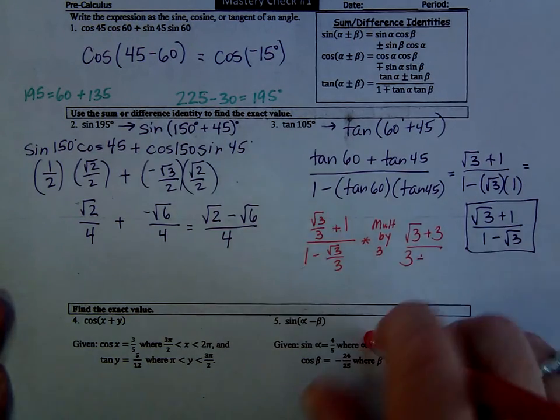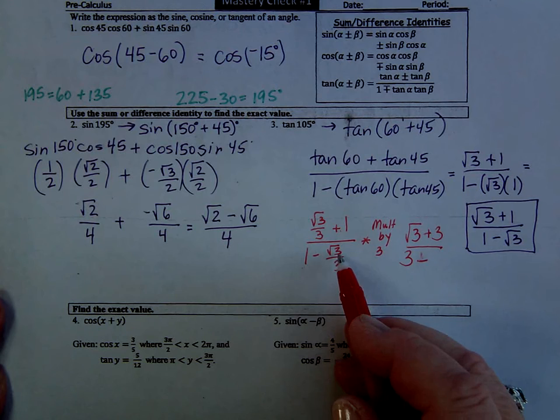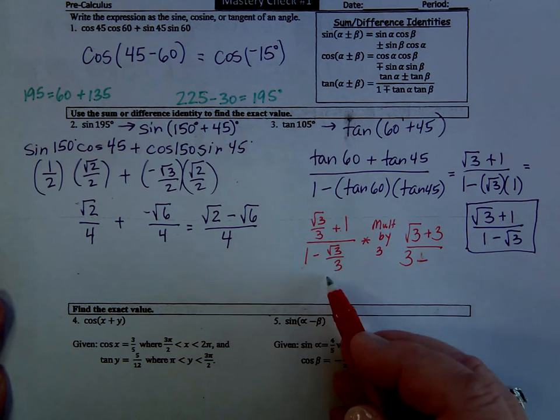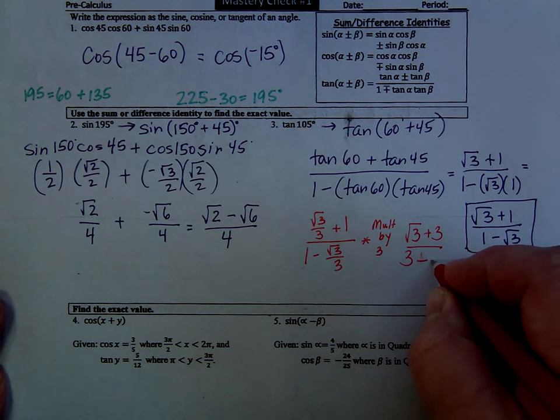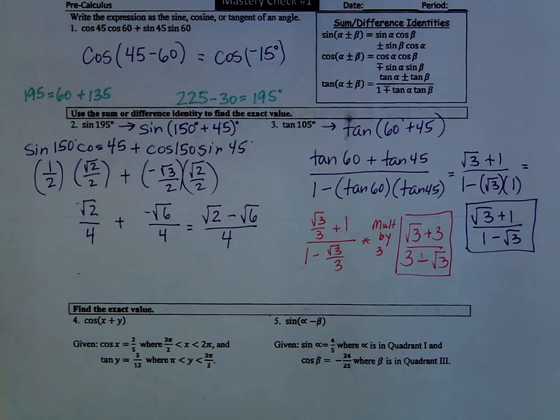This is minus. The square root of 3 over 3 times another 3, they are going to cancel the denominator out, and I get a square root of 3. And so here would be your answer, and that's perfectly valid. Again, it could be rationalized, probably should be rationalized by most math teachers, but for where we're at right now, this is great. All right, here comes the last couple.